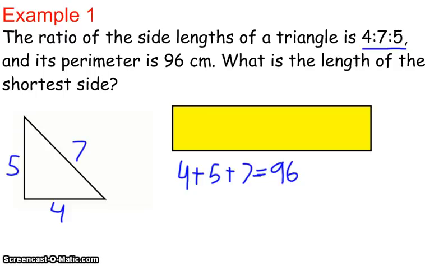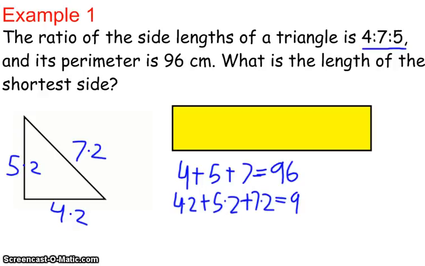Okay, well what happens if we multiply everything by 2? If we doubled everything, so we multiplied the bottom side by 2 and the left-hand side by 2 and the long side by 2. And if we add that up together, so this will be 4 times 2 plus 5 times 2 plus 7 times 2, hopefully that'll equal 96.